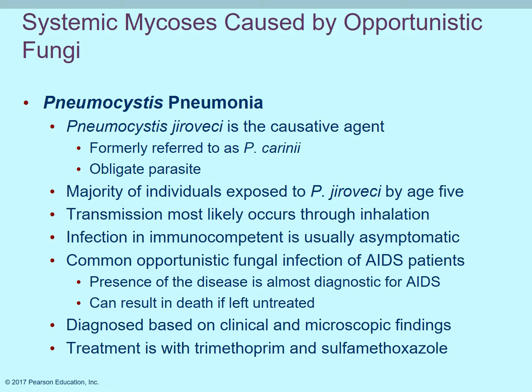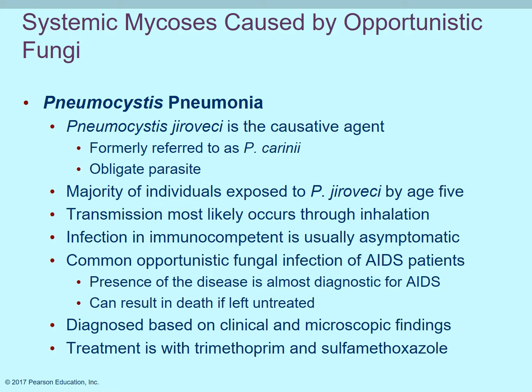This happened to be one of the telling things that helped us realize, in the identification of the HIV virus as a causative agent associated with AIDS patients, that we were noticing a lot of secondary infections. A lot of these patients were developing pneumonia caused by Pneumocystis carinii, which is now renamed Pneumocystis jirovecii.